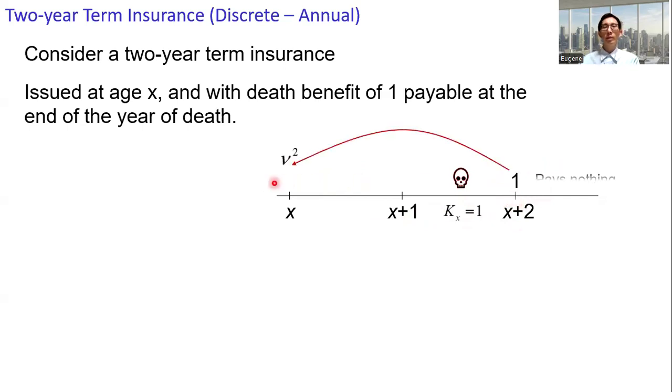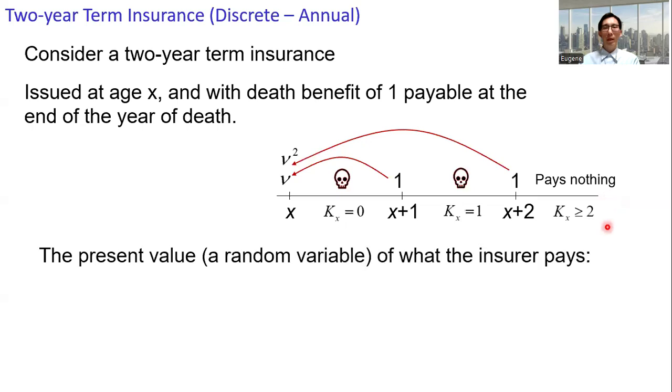Or else, if the individual survives beyond this 2-year period, then the insurer pays nothing. The present value, again, is a random variable.